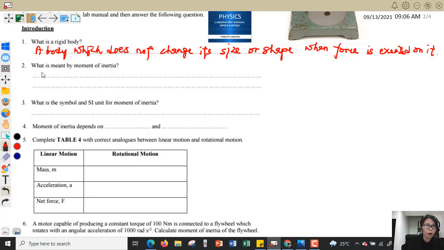Question 2. What is meant by moment of inertia? We want to determine the moment of inertia for the flywheel, so what actually is meant by the moment of inertia? Moment of inertia is the tendency of an object to resist changes in rotational motion.